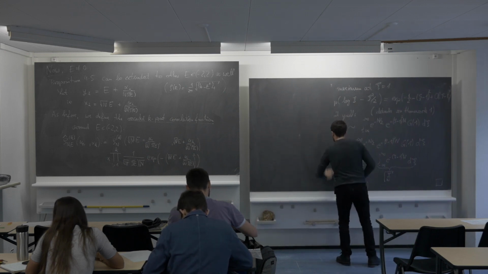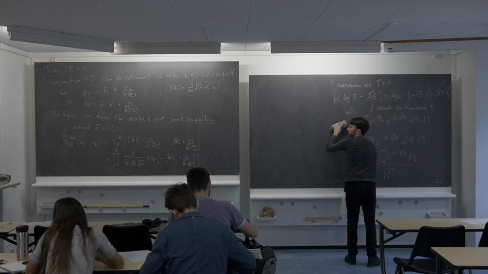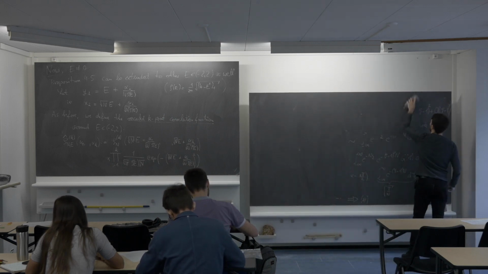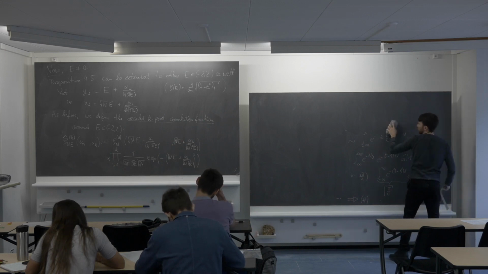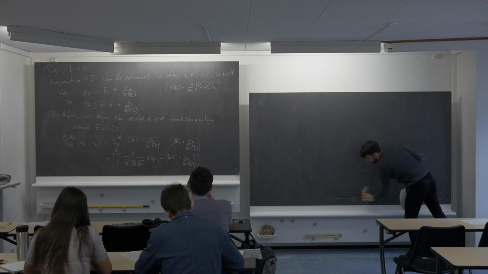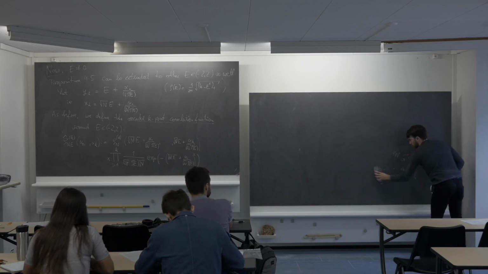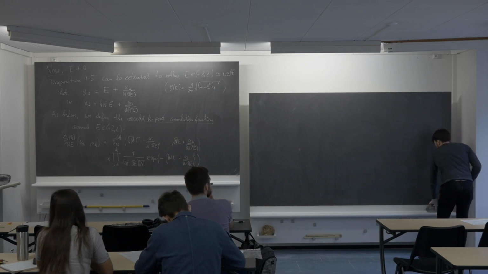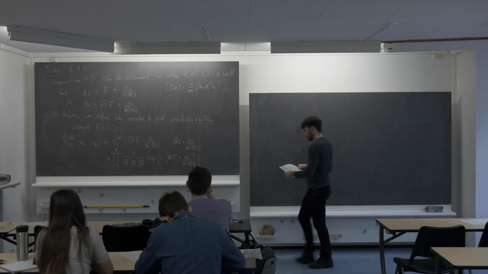And of course you can convince yourself that if I put in e equal to 0, then we will get back the result from before, the rescaled k-point correlation function we had before.